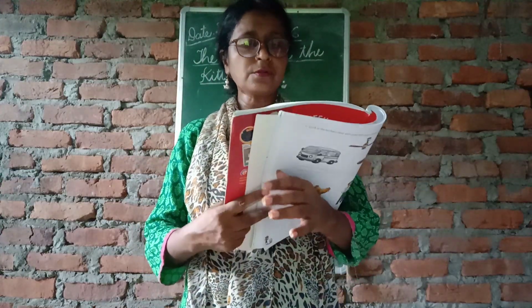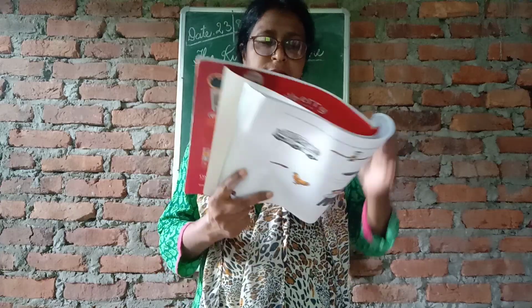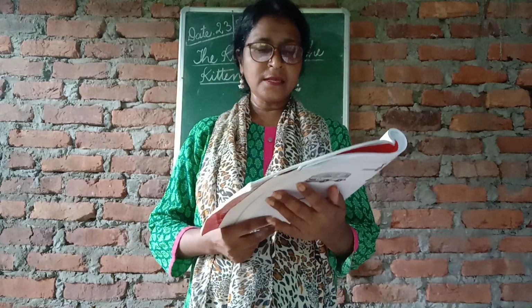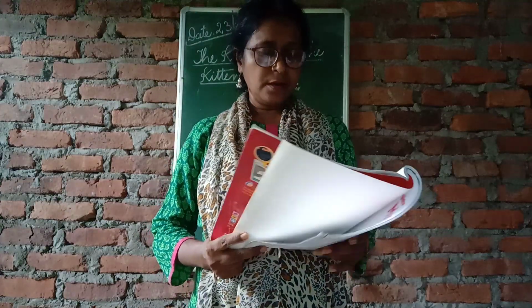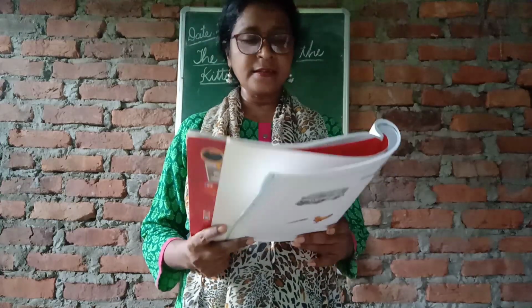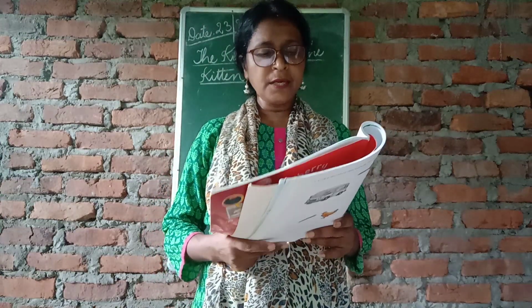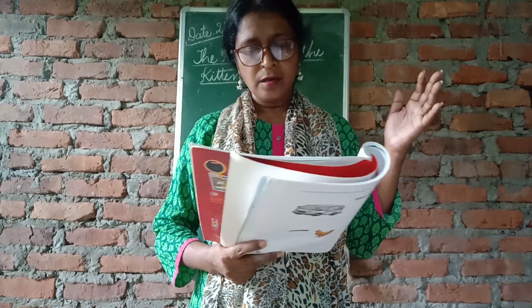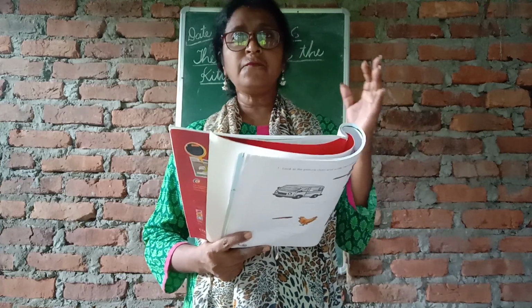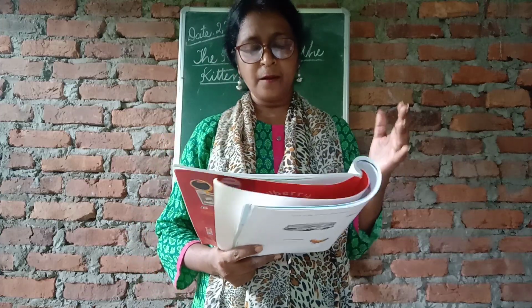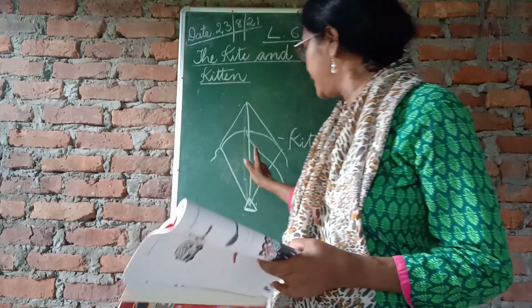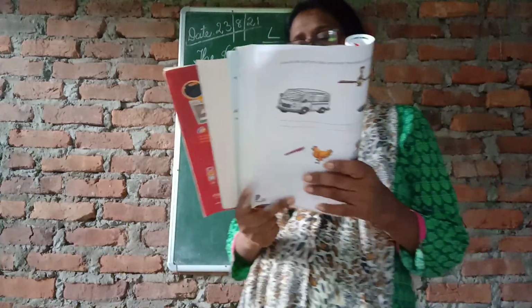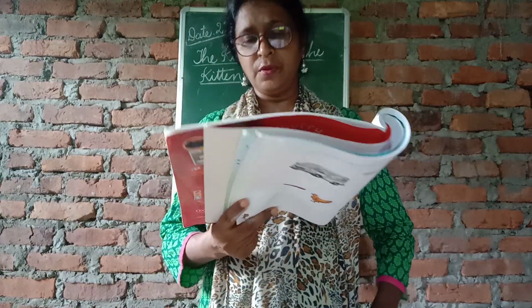So this is about a kite and a kitten. The kitten was Ria's. One day while Ria was flying a big blue kite, that was her favorite kite, a big blue one, the kite was like this, big, and its color was blue.